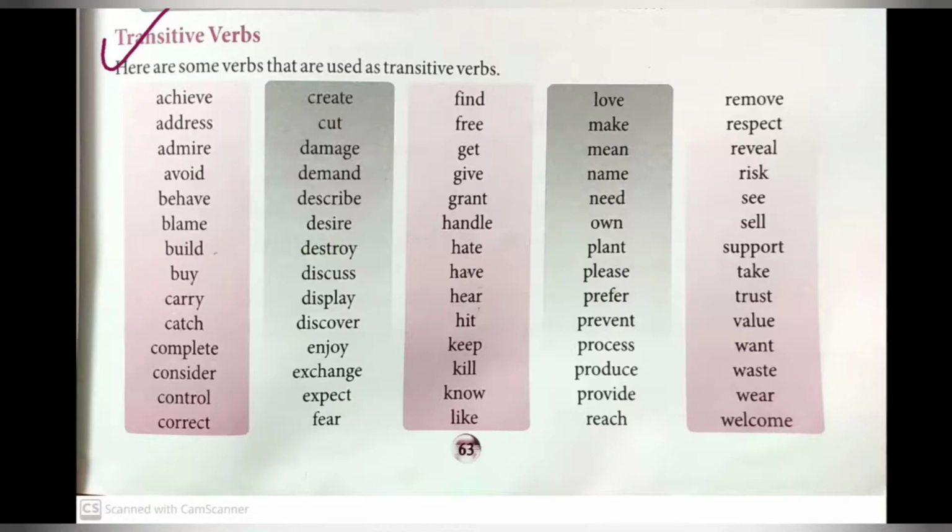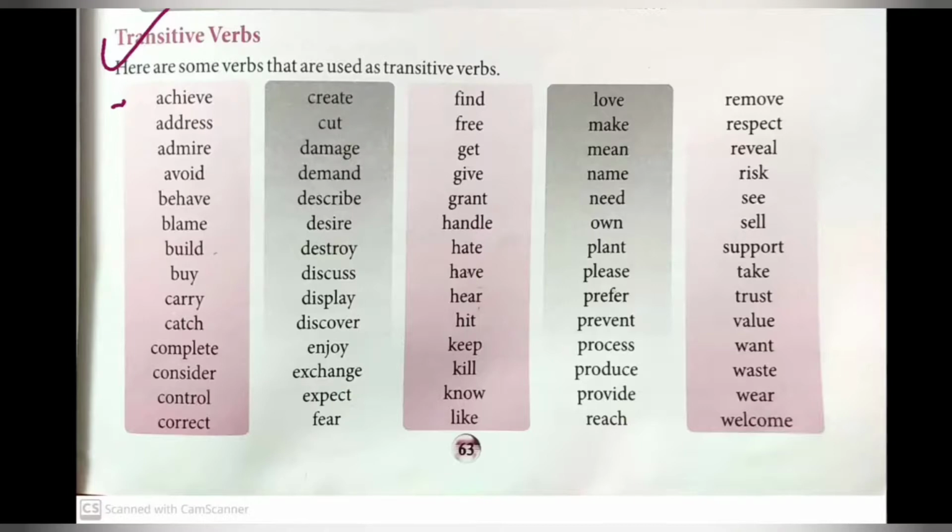Here are some verbs that are used as transitive verbs. Here are the verbs which require an object. Okay, so this is the list of transitive verbs. We'll take one example. Achieve. She achieved a gold medal.